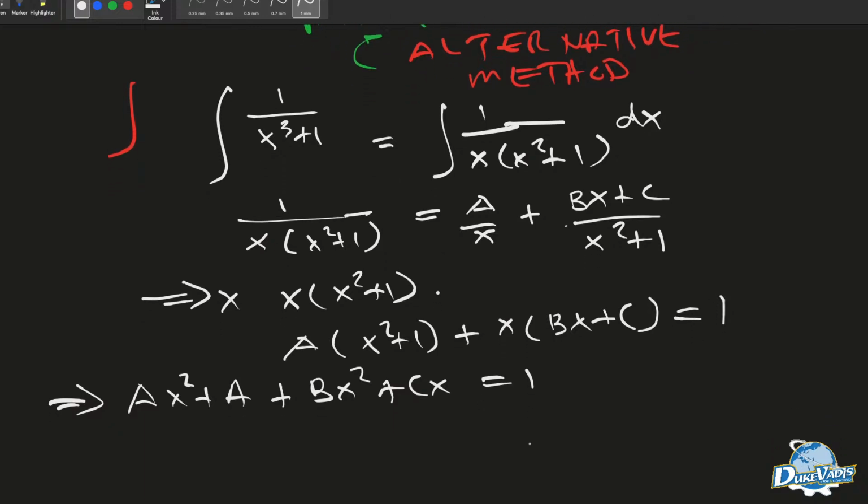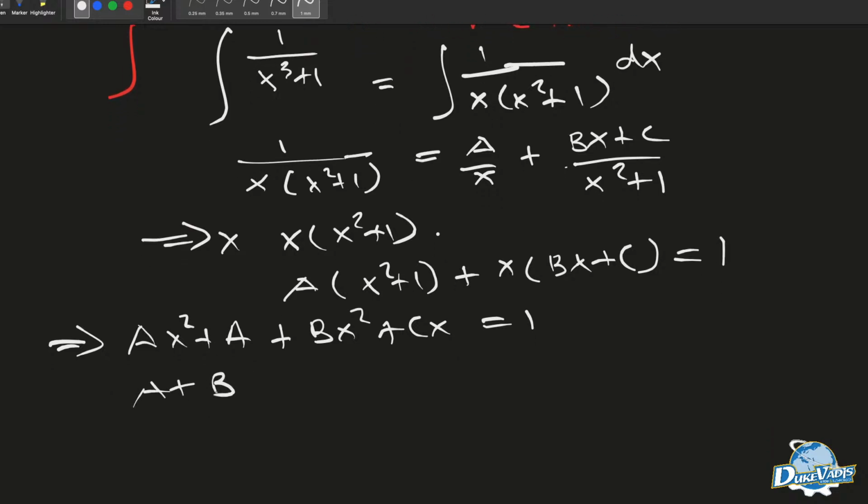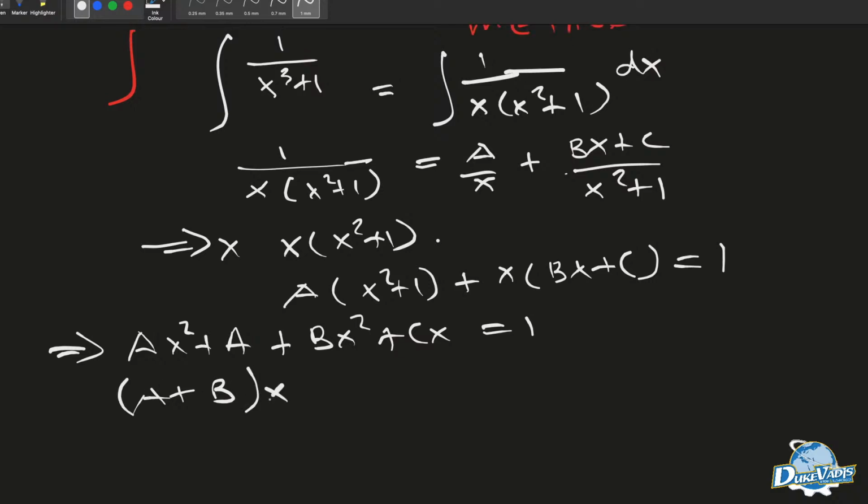When we put the like terms together, we have (A plus B) times x squared plus Cx, plus A.